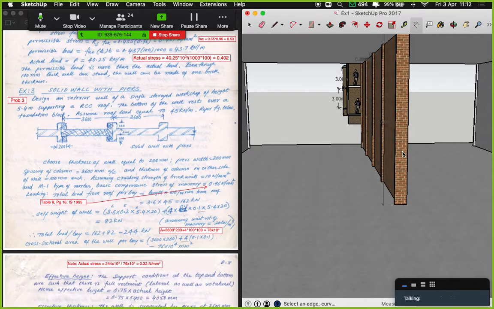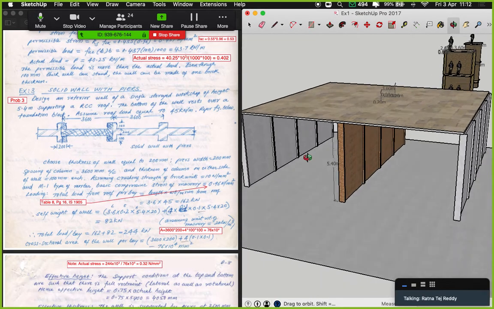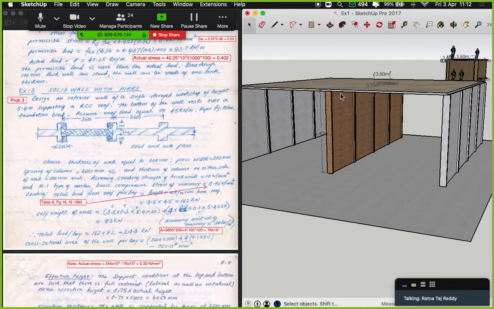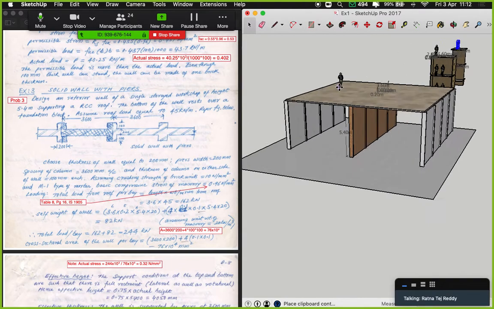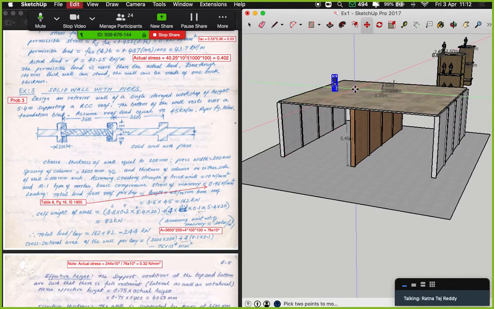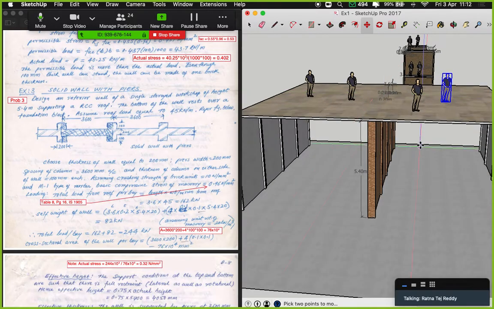The first thing is that you need to calculate all the weights that are acting on the wall, be it the live load, the dead load, or the self weight of the brick masonry itself. The live load, as in if there is any live load on top of the wall. Since this is a masonry wall with an RCC slab, you might have some people standing on top of the slab, so you will consider the live load of it.